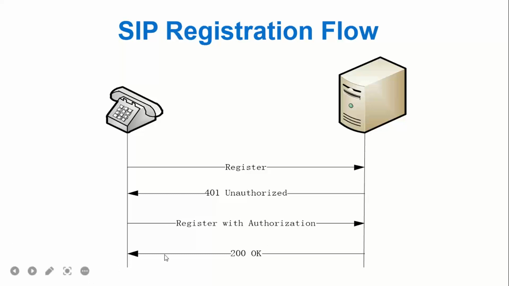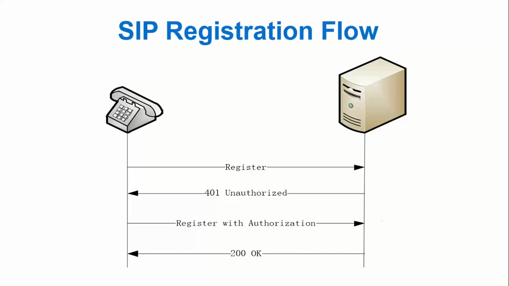All right. So let's see. After that, the PBX will receive this register request from the IP phone. When we want to register an IP phone to our PBX, the first step is to create an extension on our PBX, right? And for the extension, there will be a user password for this specific extension.